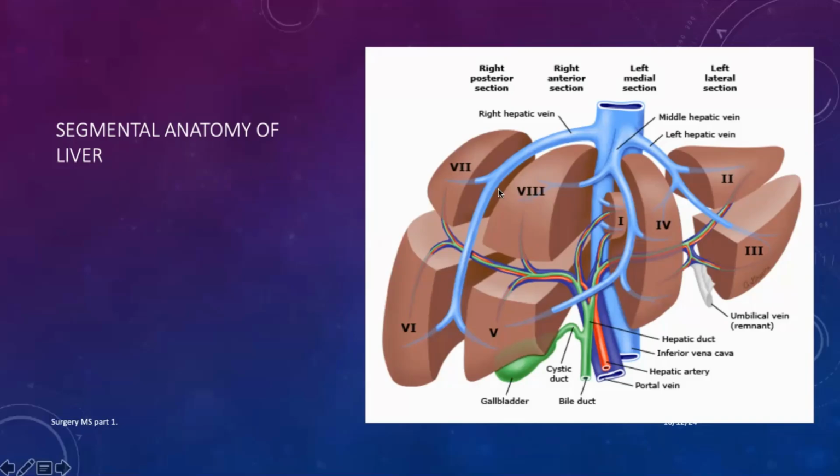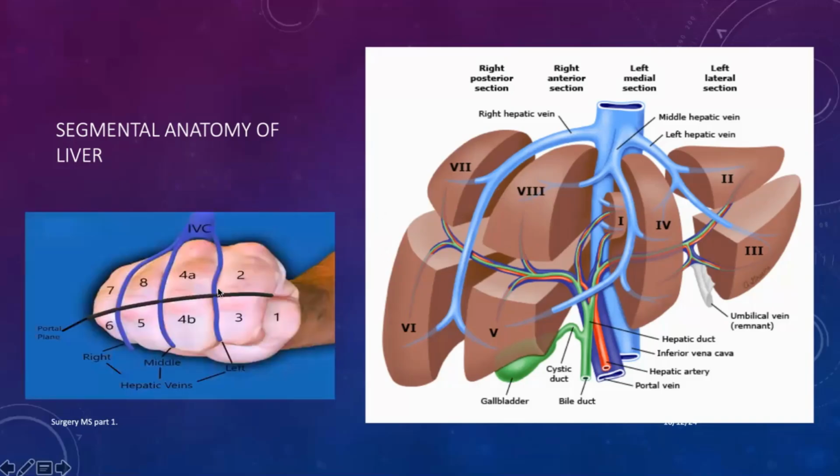If you want to remember it, you can remember it with the picture of a fist of a hand, where you will see the segments, and segment 1 is hiding behind the rest of the segments. That is why liver resections are easy, because it has separate blood supply. So you can do segmental resections during surgeries, and it also has the regenerating property, which is a benefit.